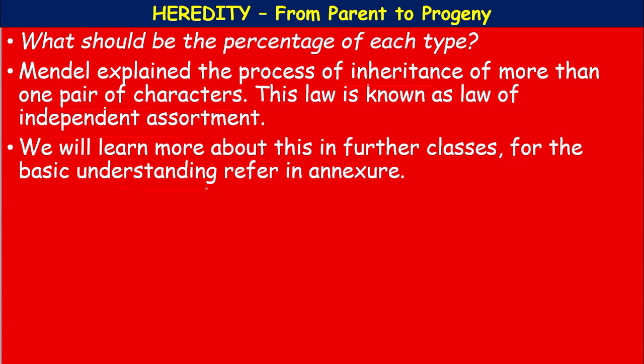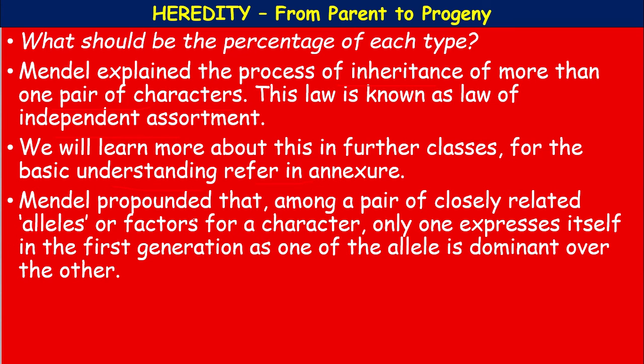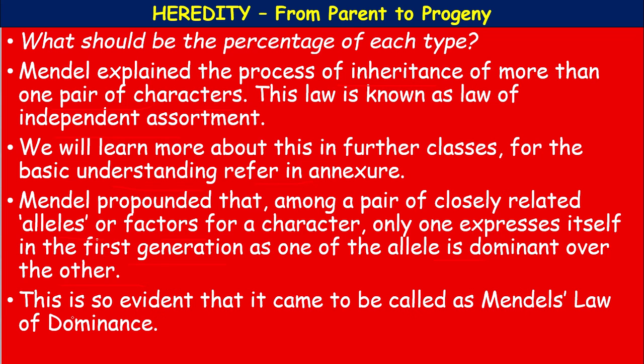So for the basic understanding, we have to refer to the annexure given at the end of the textbook. Mendel propounded that among a pair of closely related alleles or factors for a character, only one expresses itself in the first generation, as one allele is dominant over the other. This is so evident that it came to be called Mendel's law of dominance.